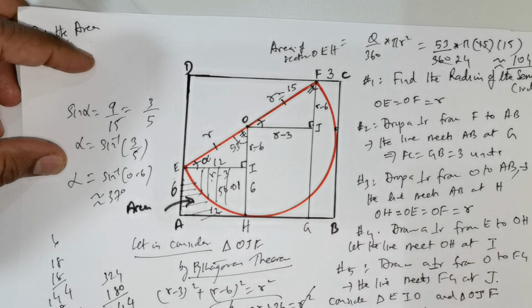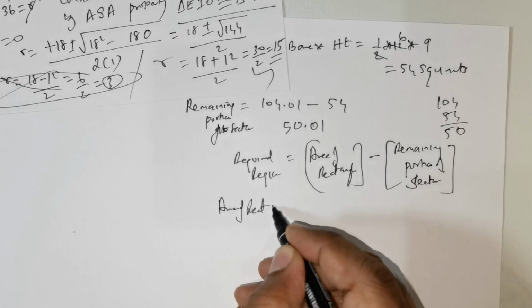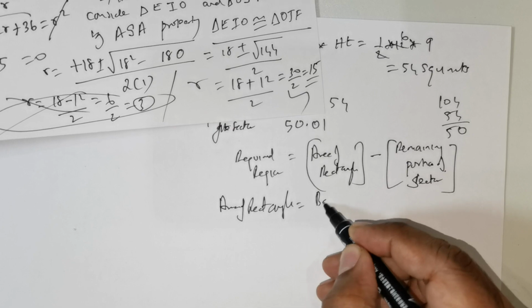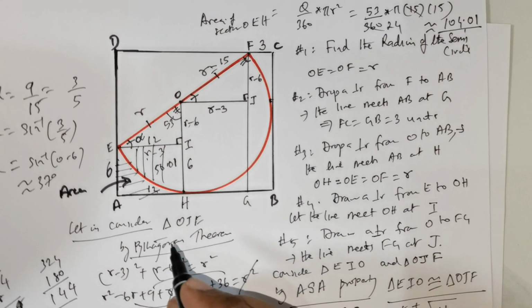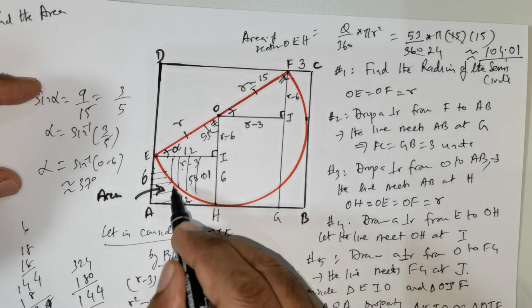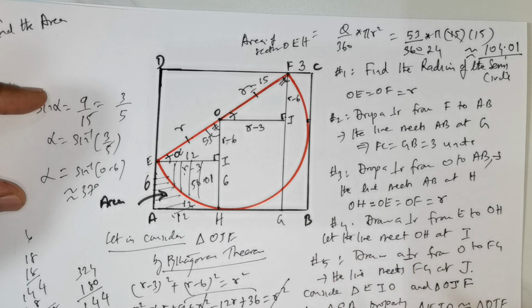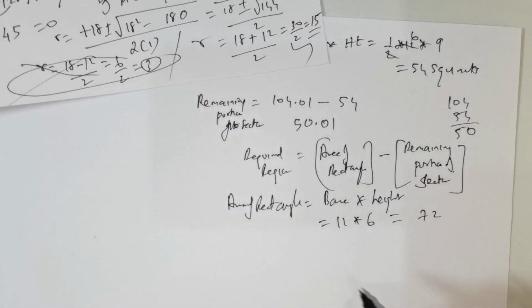Okay, so what is the area of the rectangle? Area of rectangle is equal to base into height. Base times height. What is the base? The base is 15 minus 3, that's 12 units. The base is 12 units times the height is 6, which is 72.